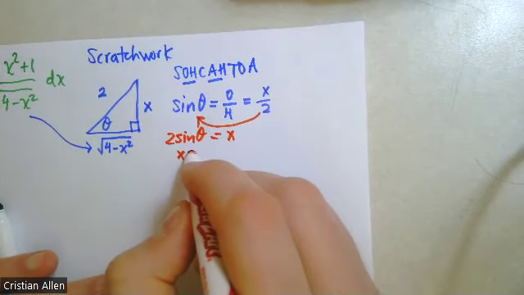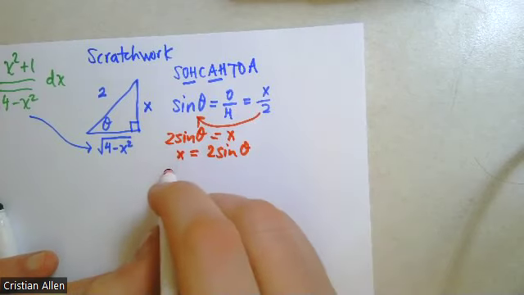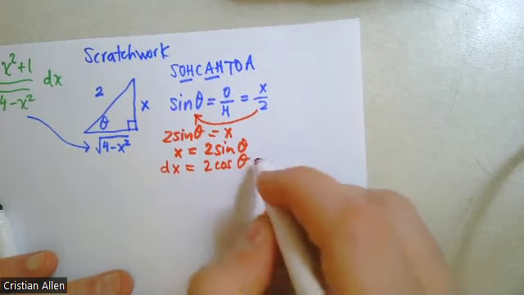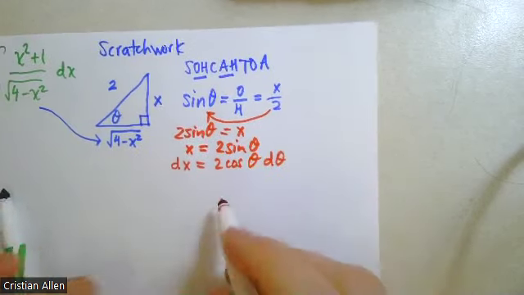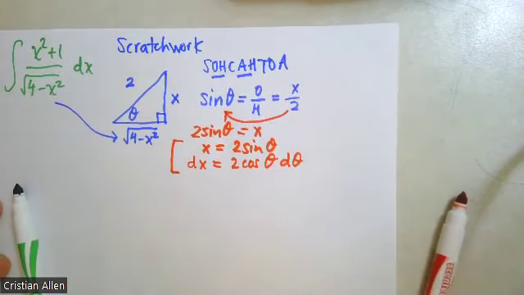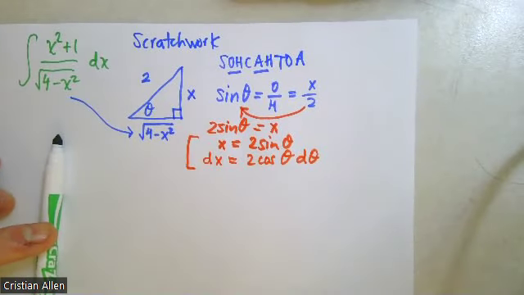Now, if we turn that around, x equals 2 sine theta, this is going to be our substitution. And this is quite often the substitution for these problems. Once you do a few of these, you'll see it's always the same thing.